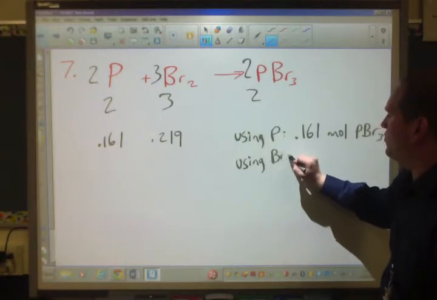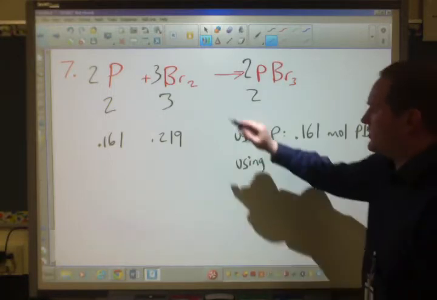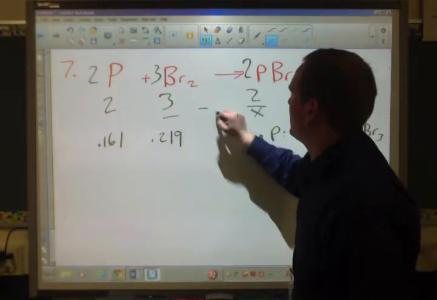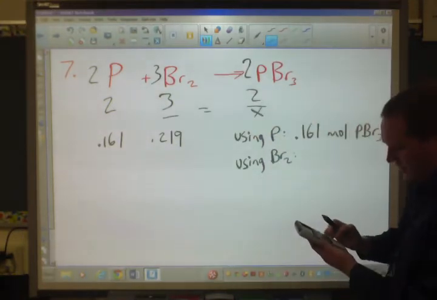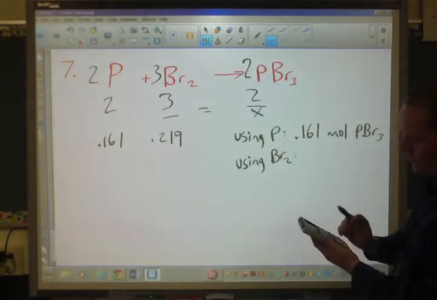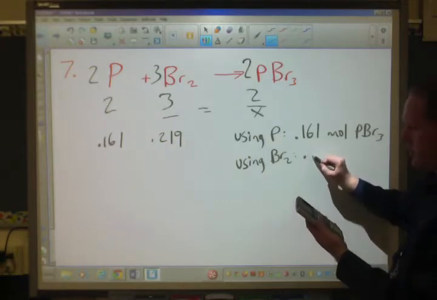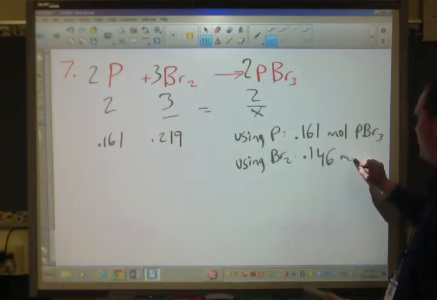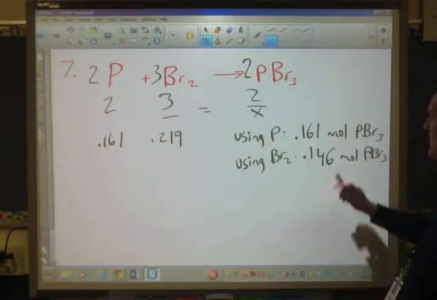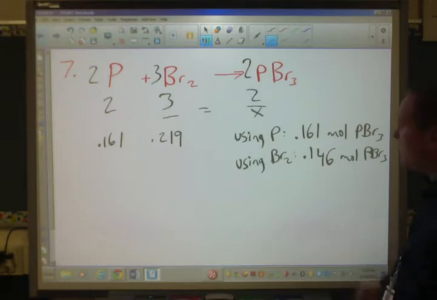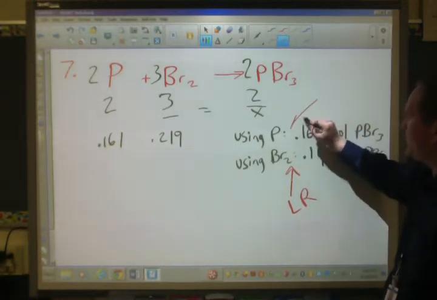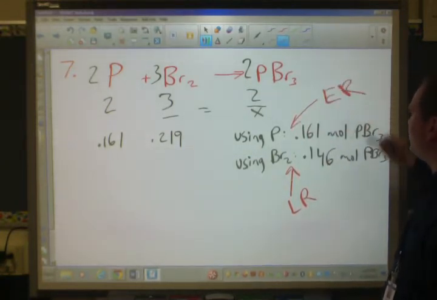Using Br2, it's going to be 3 over this equals 2 over x. 3x equals 2 times that, so times 2 divided by 3 equals 0.146 moles of PBr3. So I was right, this is a slightly lower yield. So this is going to be my limiting reagent, and this is going to be my excess reagent.